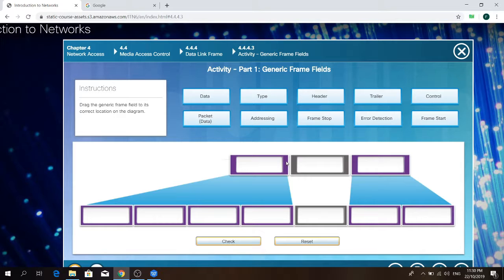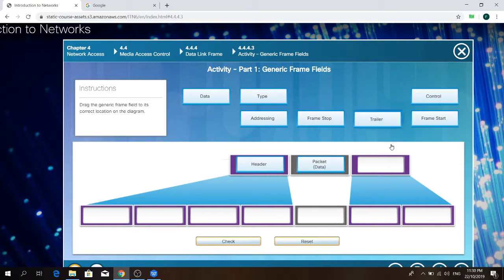For the first three, we will pick header, packet data, and trailer.